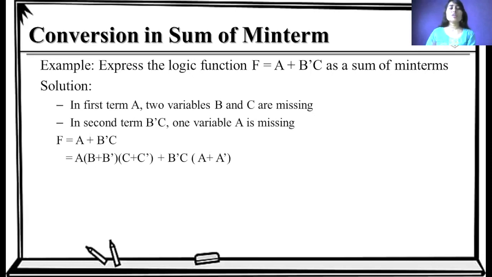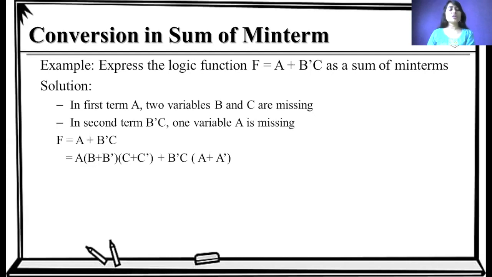So whenever a variable plus its complement is added, we have output 1. So our function will not alter if we add B plus B' or C plus C' in this product term. This is how we can add missing terms using this binary characteristic.